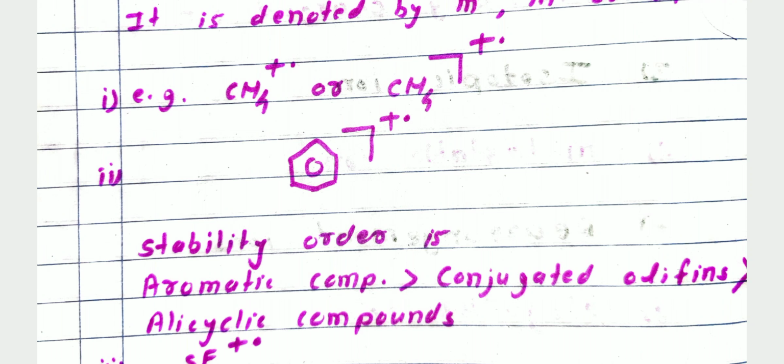A molecular ion is an ion formed by the removal of one or more electrons from a molecule without fragmentation of the molecular structure. It means the molecule loses one or more electrons, and the molecular structure remains as it is.